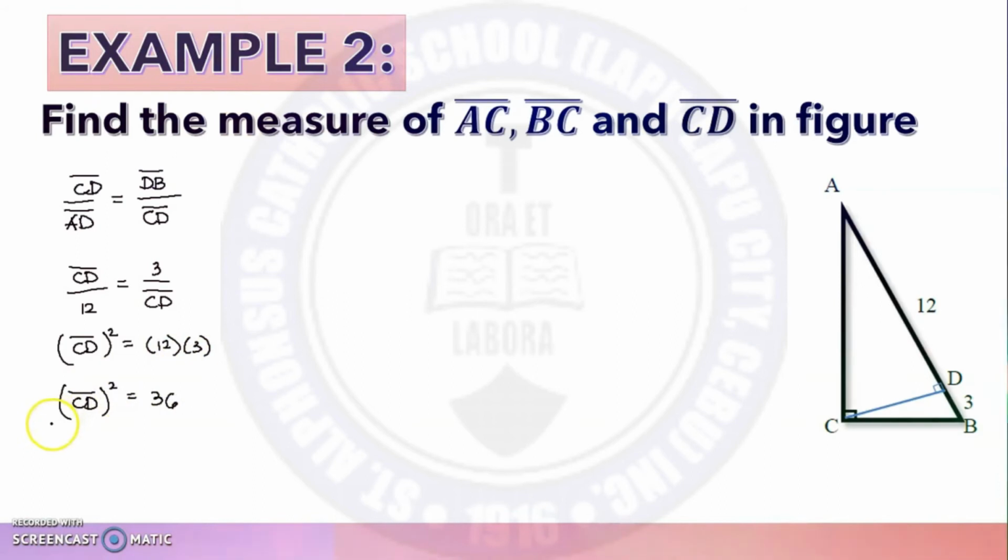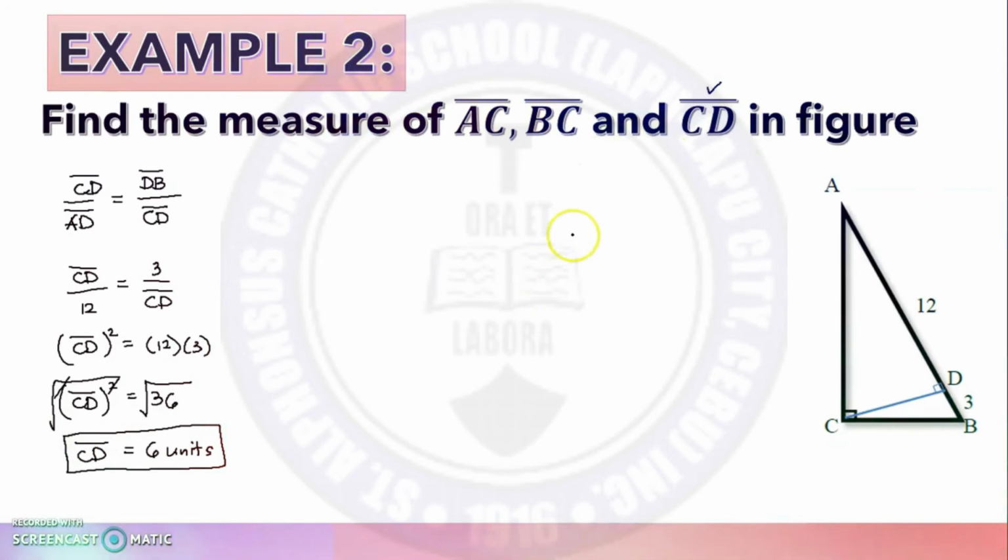To extract the square, you're going to put a square root and you can cancel this one. So you could have CD equals square root of 36, that is 6 units. And that would be the measure of line segment CD.